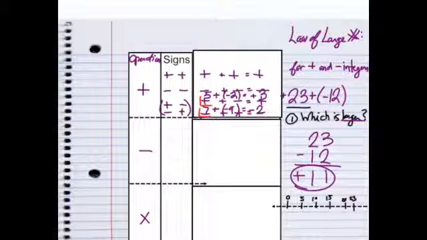If I'm going to travel negative 12, that's going to be 1, 2, 3, 4, 5, 6, 7, 8, 9, 10, 11, 12. And I'm going to end right up at that positive 11 point. So I know that my answer is correct.